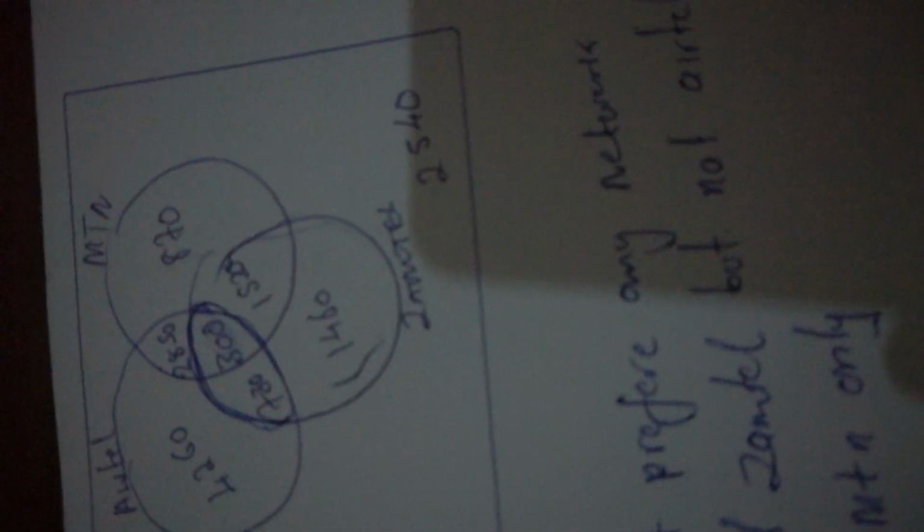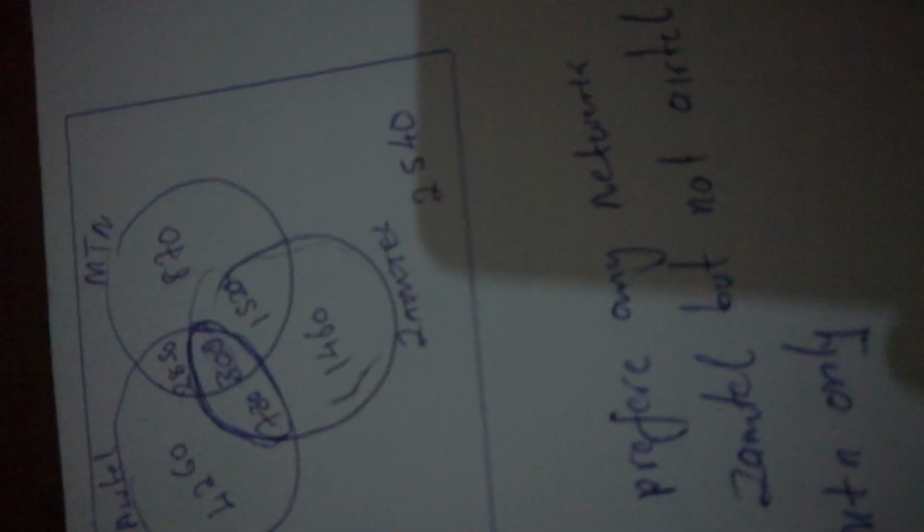So if we get back to our table here, when you say at most, it means that's the maximum. Find the number of people who at maximum preferred two networks. Now the only people who preferred more than two networks are the people who preferred all the networks here. The rest preferred either two or less.